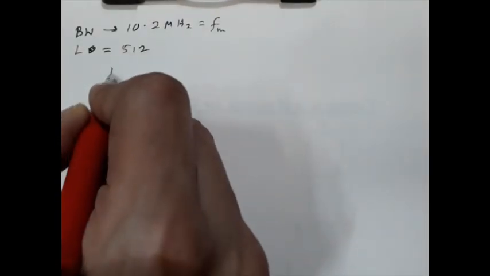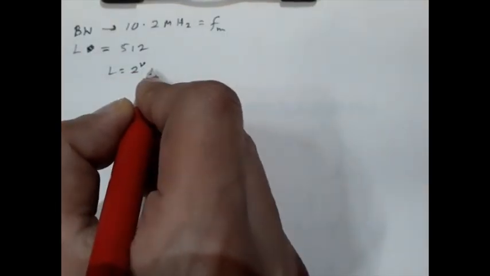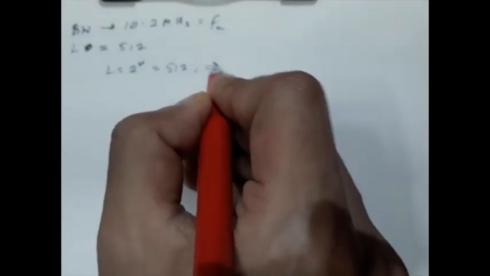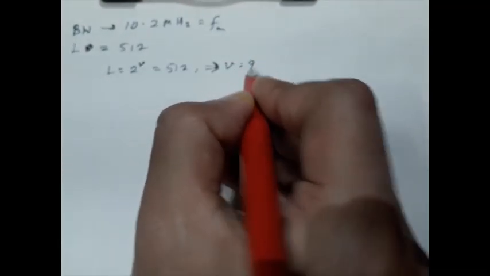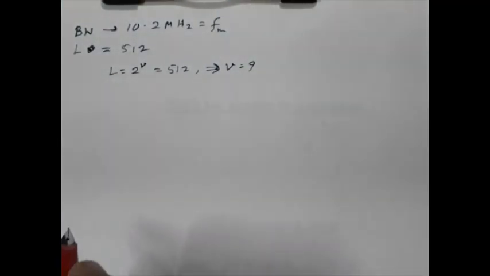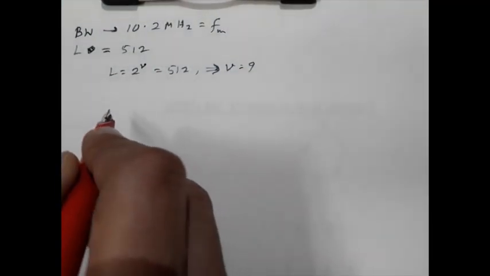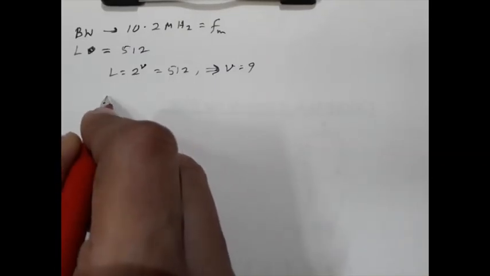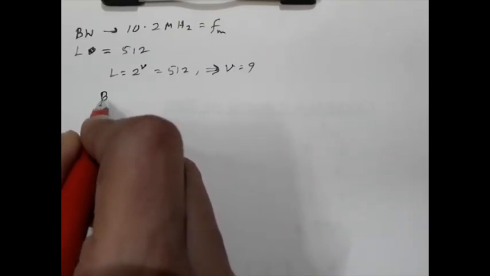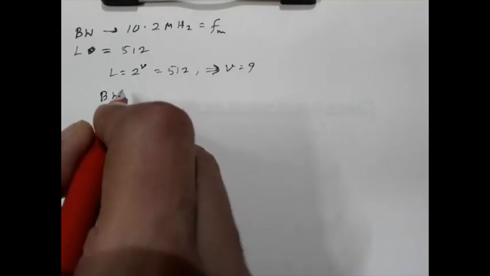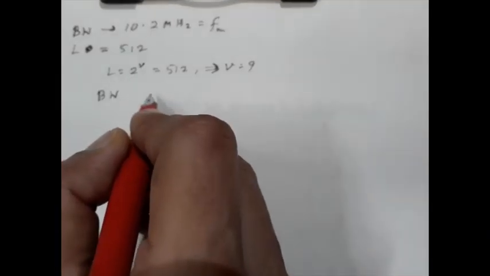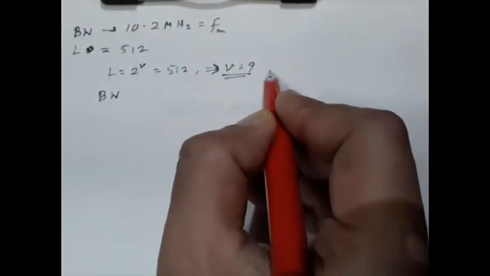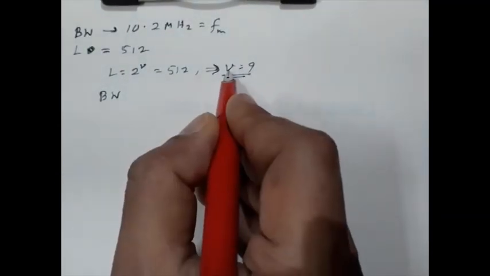Now you know that L equals 2 to the power n, that is equal to 512. So that implies that n equals 9. This is the answer of the first question. Code length is 9.